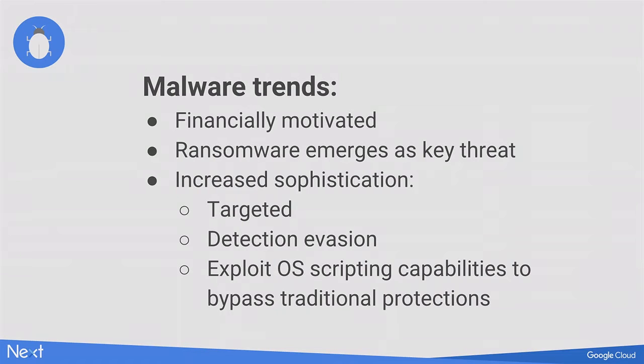The malware of the early 2000s were designed mostly to cause some random damage, and they were designed primarily for fast propagation. So they just want to spread as fast as possible before the antivirus develops signatures and can detect and block them. The ones we're seeing today are very different.